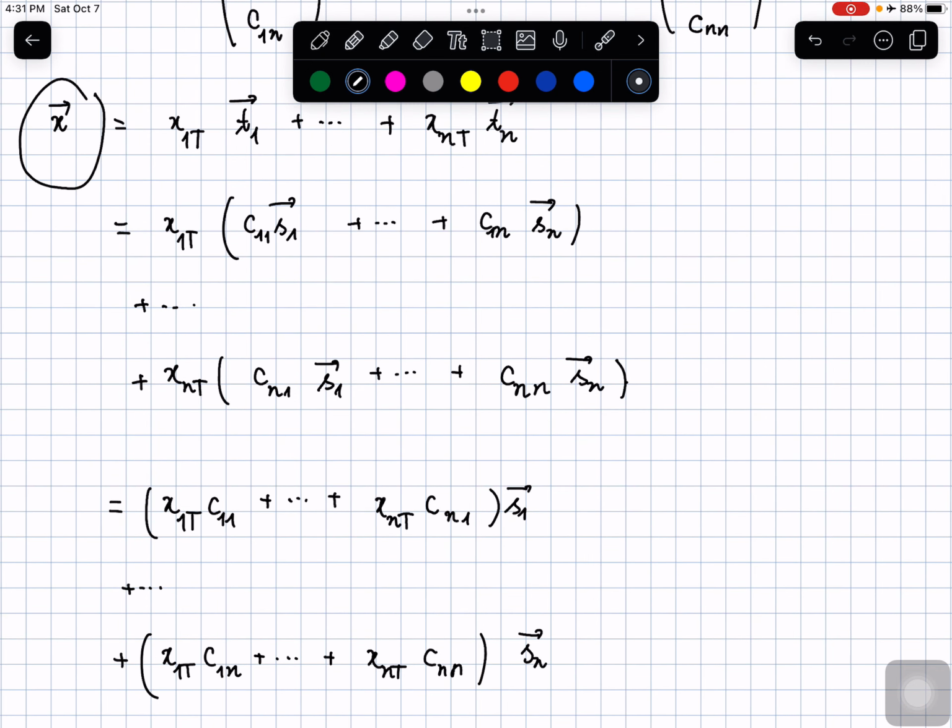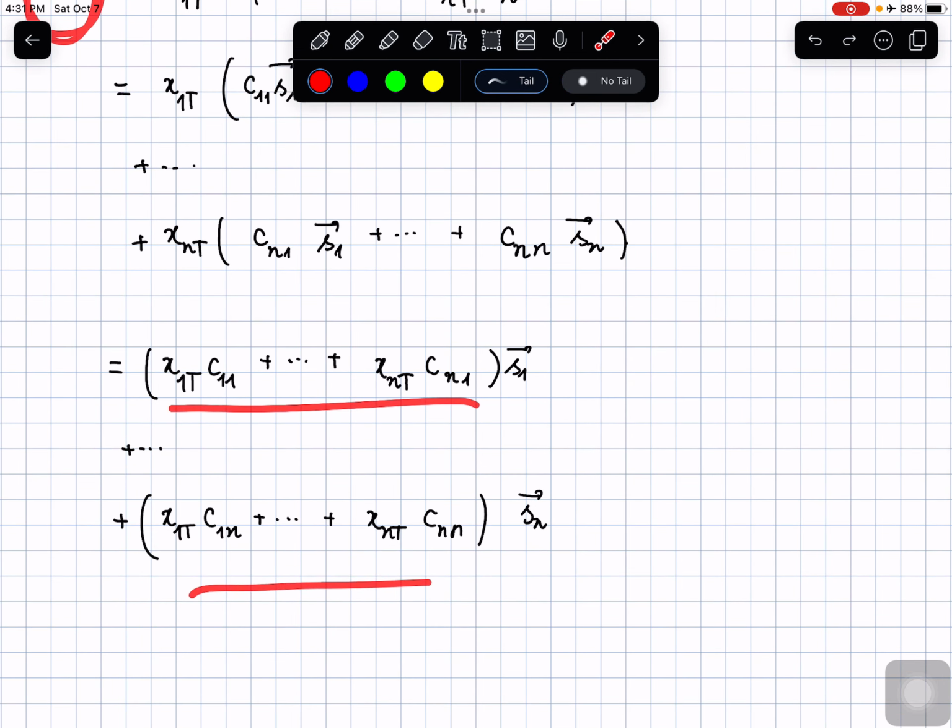This is the coordinate of x, or x is now written as a linear combination of vectors in the basis S, right?